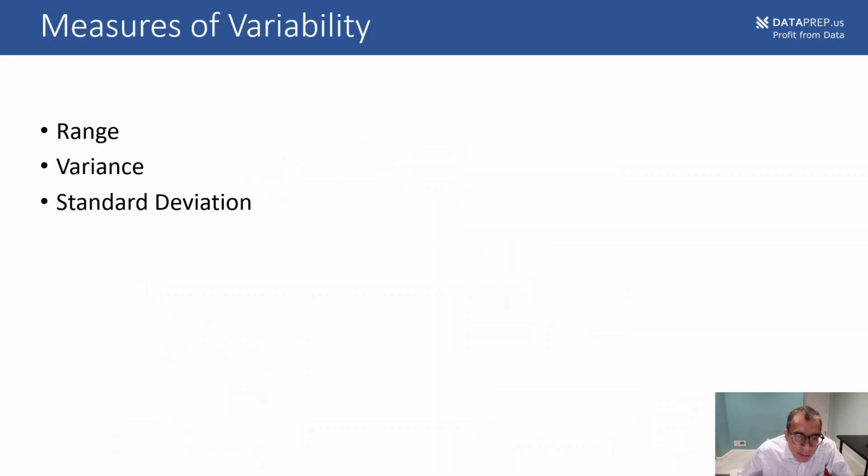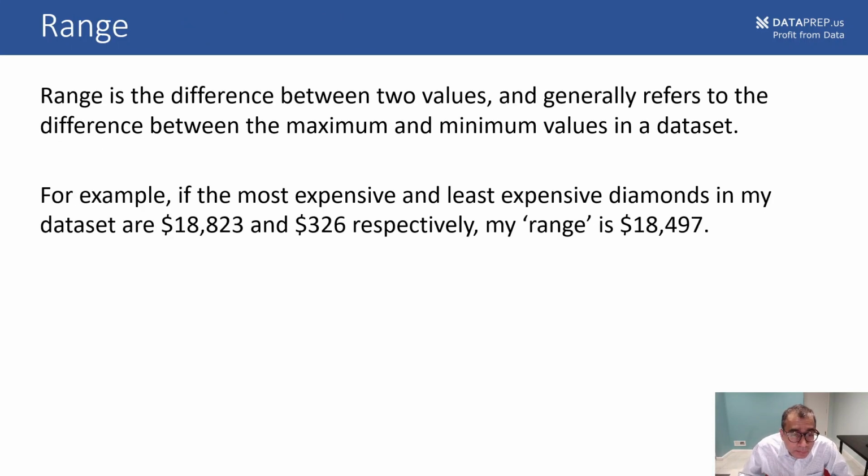Next, let's look at measures of variability. So we look at things such as range, variance, and standard deviation. Range is really just the difference between two values, and in the context of a measure of dispersion, it refers to the difference between the maximum and minimum value in the data set.